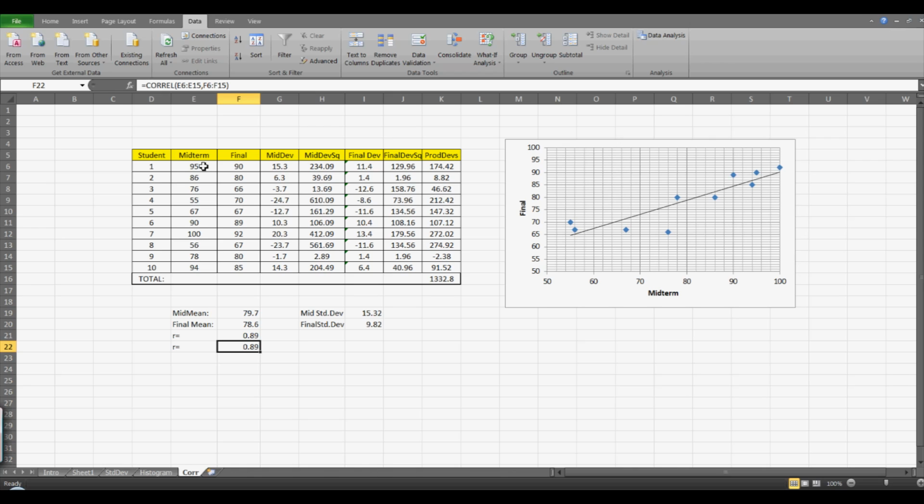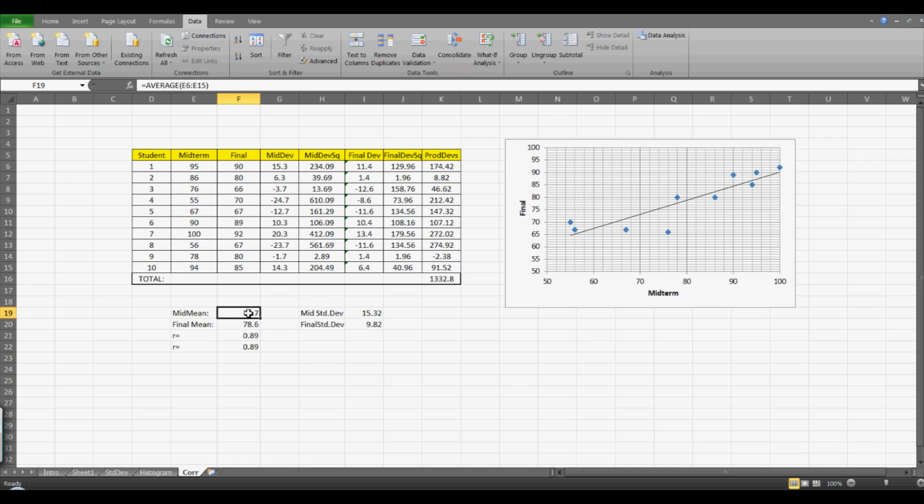In order to calculate a correlation by hand, the first thing you would need to do is kind of like doing the variance. You need the deviation and the squared deviation for the midterm score. I have calculated the mean and the standard deviation for both of these columns.